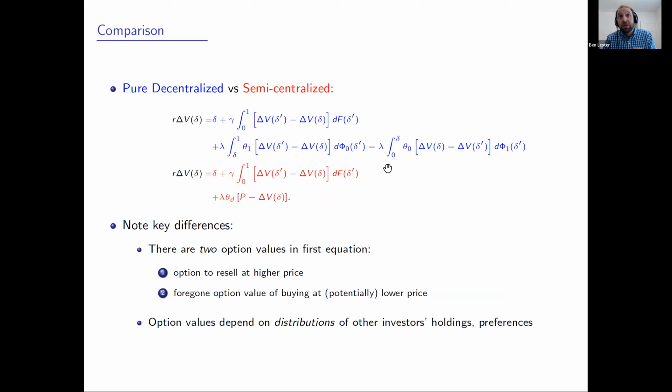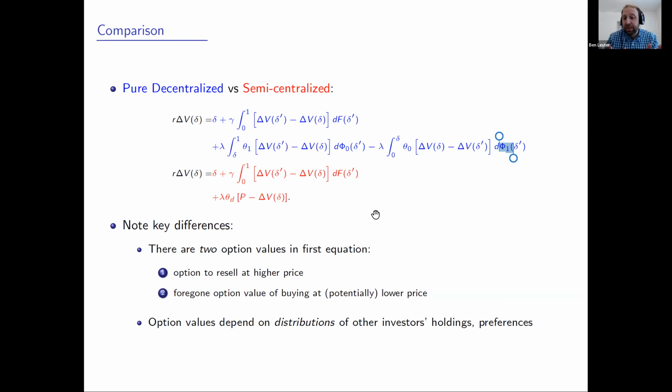Or sorry, there's no foregone option value of buying now, that you won't be able to buy later, because the price now and the price later are all the same. Okay, but you also see why this pure decentralized market is a little bit harder to solve in principle, because here you have these distributions floating around, these infinite dimensional objects that are part of the reservation values.